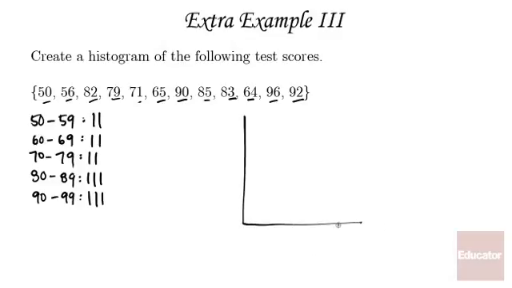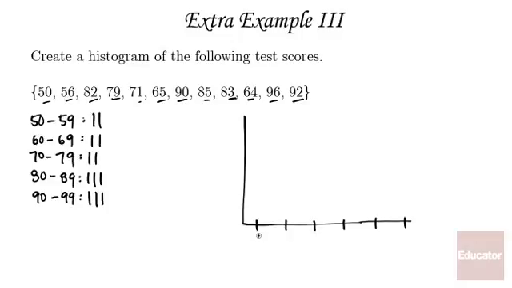Okay, I'm going to make this a little bit longer. Okay, so then I have 5 intervals, 5 groups. So it's going to first right there, 2, 3, 4, 5.